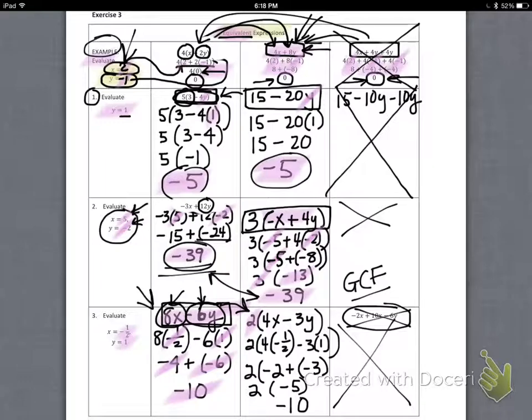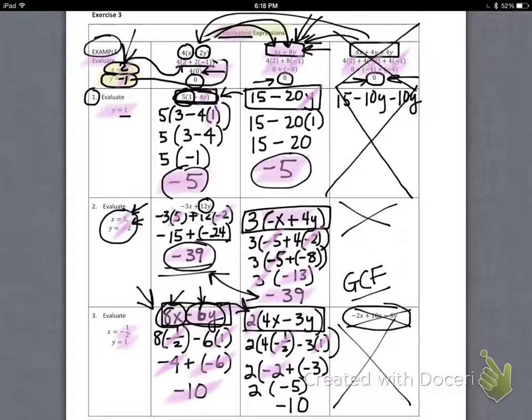And then after I have my equivalent expression right here, just go ahead and plug in my values, my -1/2 for my x, my 1 for my y. So now I have 4 times -1/2 minus 3 times 1. Down here, I will go ahead and continue. My 2 remains to stay outside the parentheses, waiting its turn. Now I have 4 times -1/2 is -2.